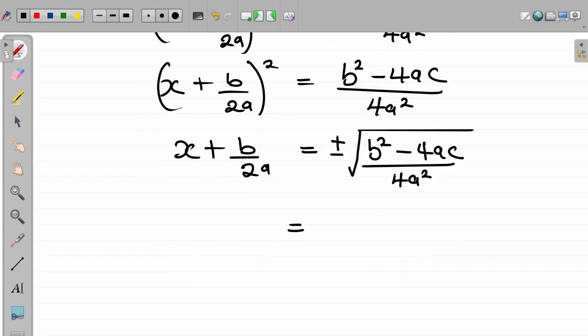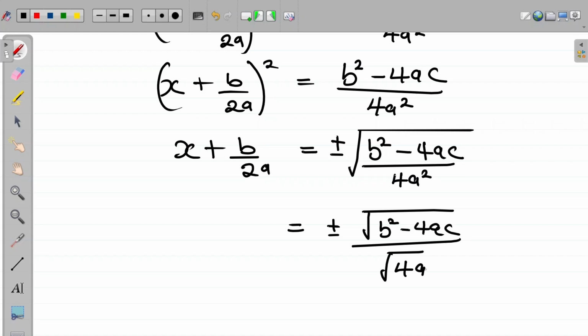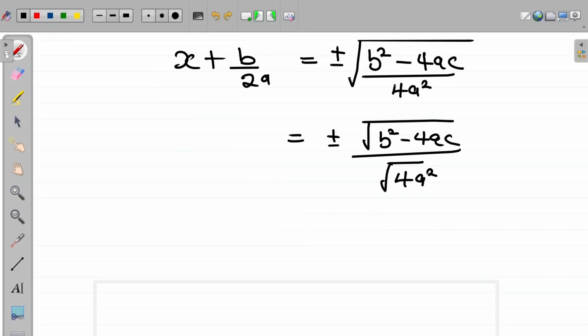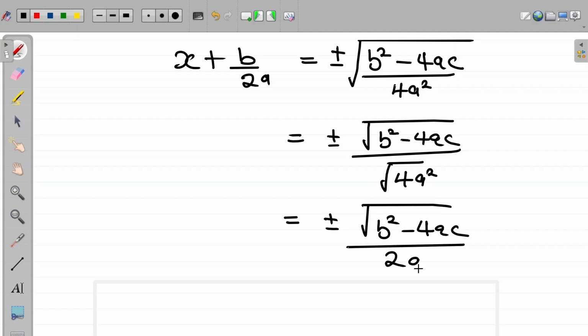Our right-hand side becomes plus or minus root of b squared minus 4ac divided by root of 4a squared. So our equation becomes plus or minus root of b squared minus 4ac divided by 2a.